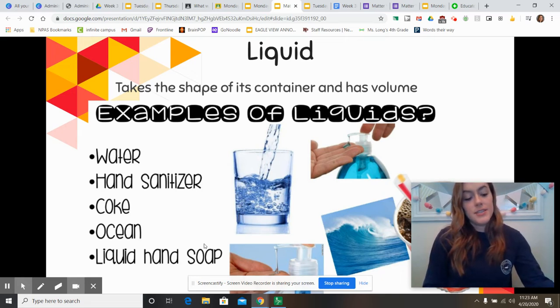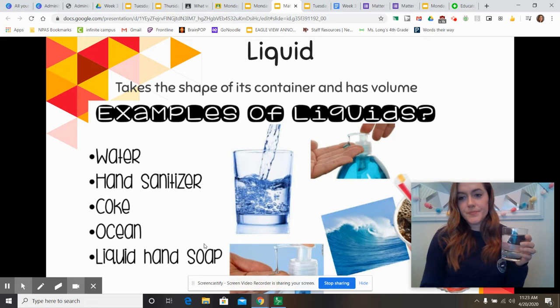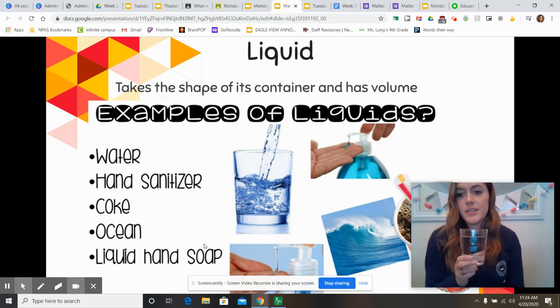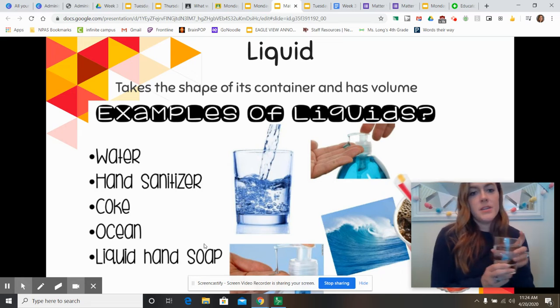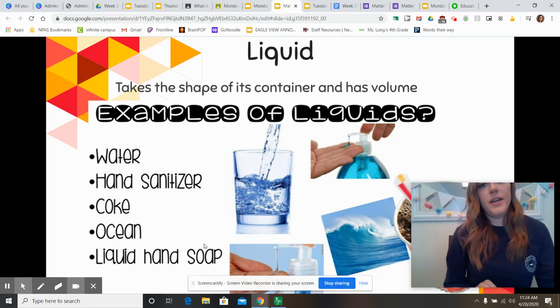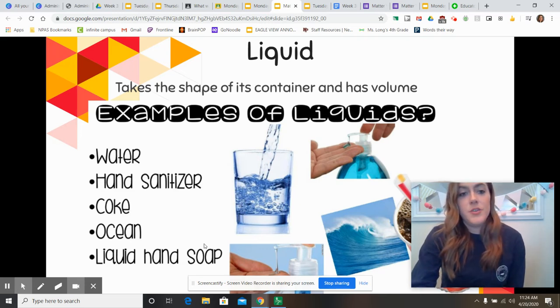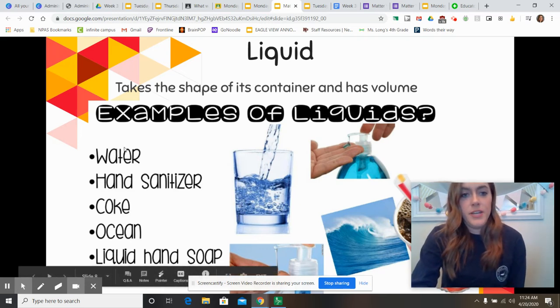The particles in a liquid are still close together, but they're moving around a lot and they're not as tightly packed. That's why they are not a solid. Some examples of liquid are water, hand sanitizer, Coke, the ocean, and liquid hand soap. You could write some of these examples down if you need to.